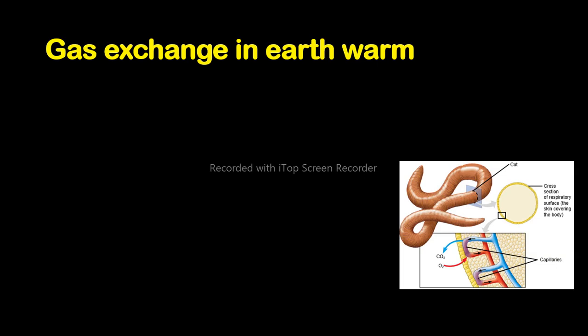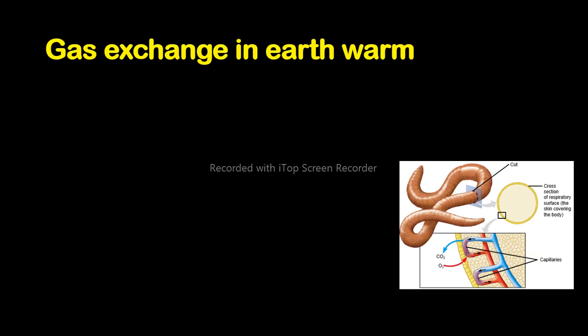But the gas exchange apparatus in earthworms is different, just like we discussed in our previous lessons. You don't expect the earthworm to have as complex a system as a mammal, but it is complex based on its complexity.